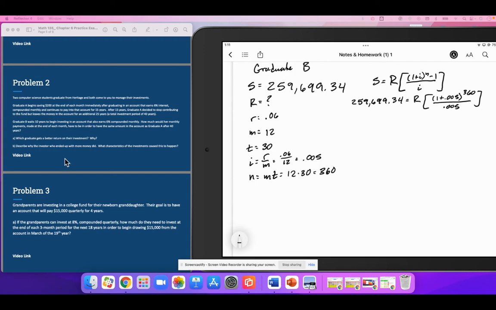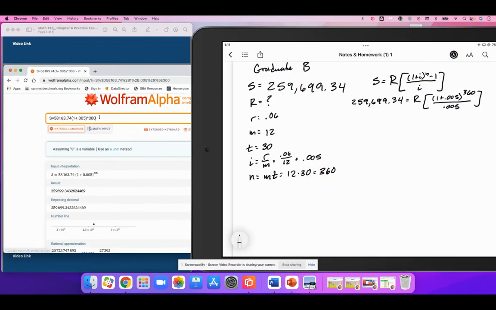So on to Wolfram we go with our future value of annuity formula. We want to have 259,699.34 in the account. Don't know what the payment's going to be. i is 0.005. n is 360.